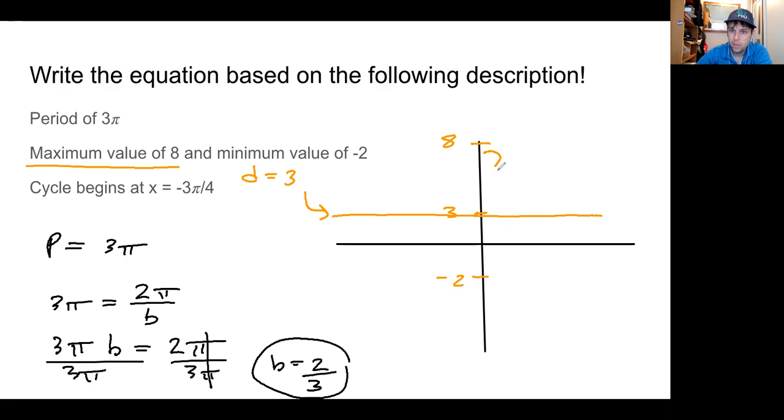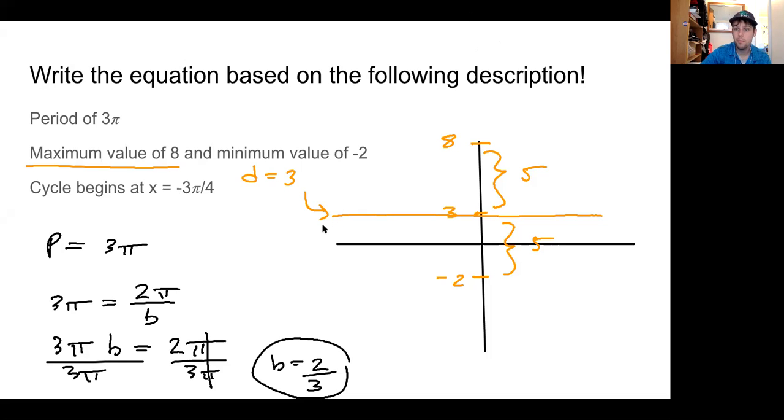And our amplitude here is going to be 5 because that's the distance from the midline to both extremes, to the maximum and to the minimum. All right, so we've got our midline, we've got our amplitude, which is 5.